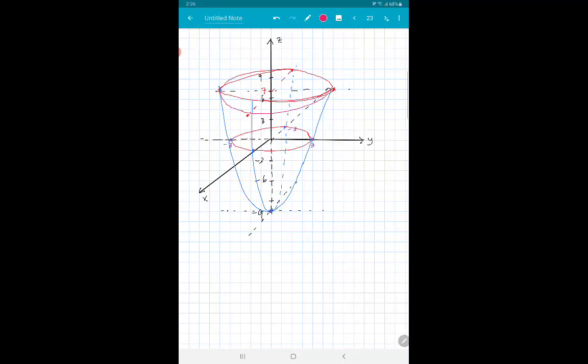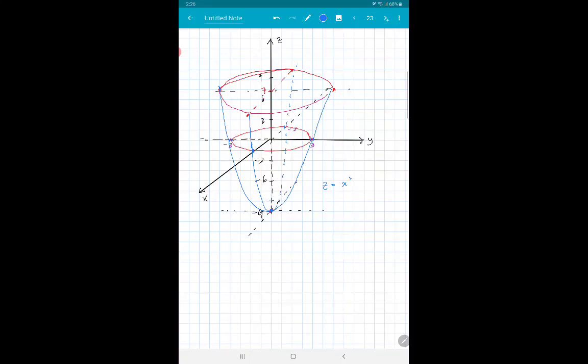The circle is bigger. Hang on, let me erase that one. Okay, here we go. All right, so here we have the surface.